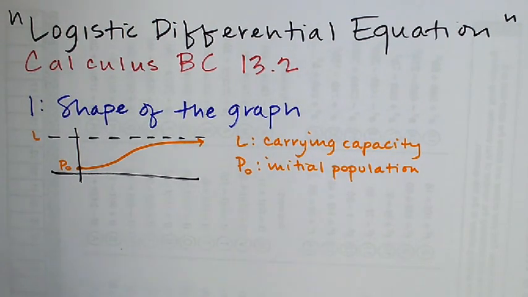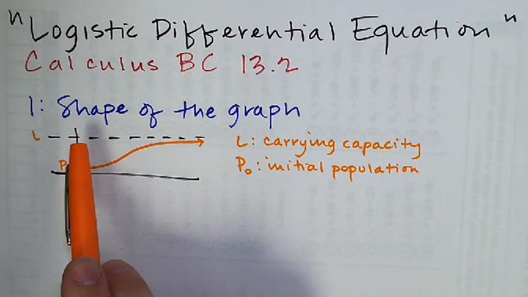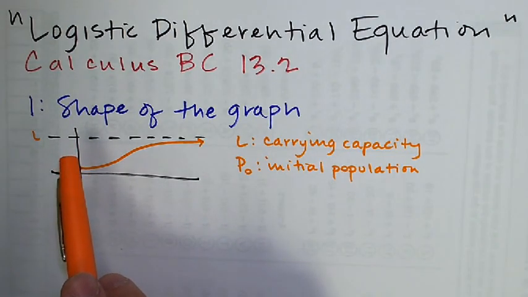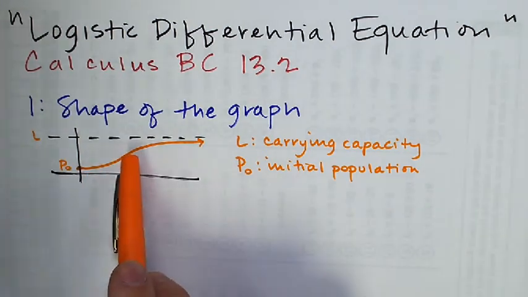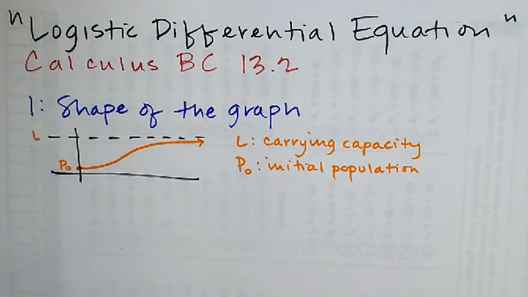We know that as time goes on, I'm going to have more rabbits, but I can't have just exponential growth of rabbits because there's only finite resources. Eventually, my lush green field has some sort of carrying capacity for rabbits. As we approach that, if I got too many of them, there would be competition for resources, there wouldn't be enough food, it would be bad. And provided that P0 is less than L, we will see this S-shaped curve.